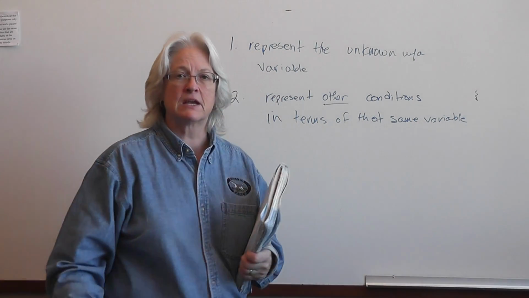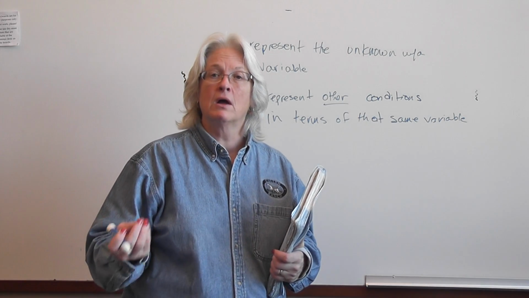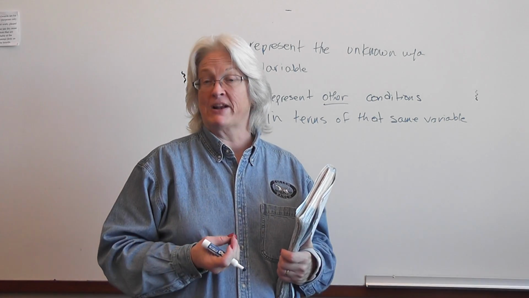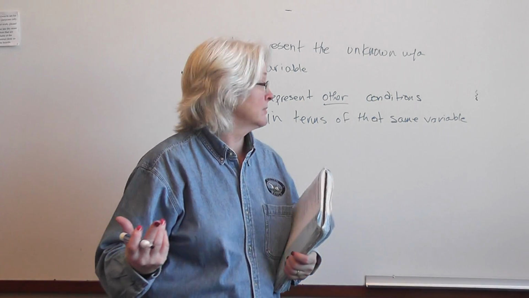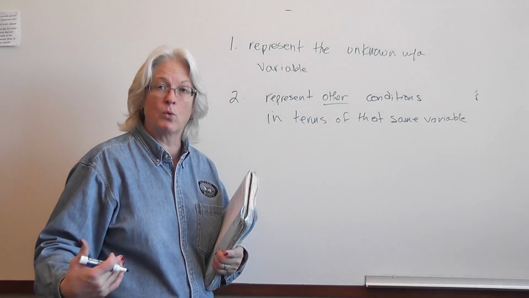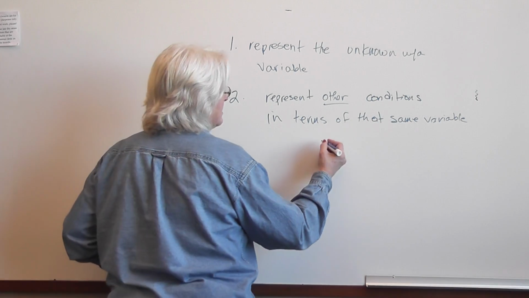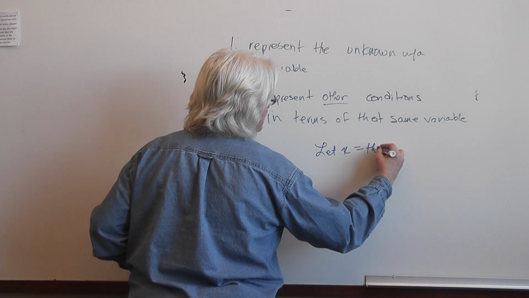For example, let's say you have 2 cars, and it says one car is traveling 20 miles an hour faster than the other car. What's the speed of their cars? Okay? We would have to have more information to be able to come up with an equation, but let's just say let x equal the speed of the first car.